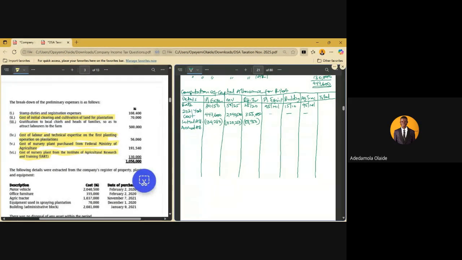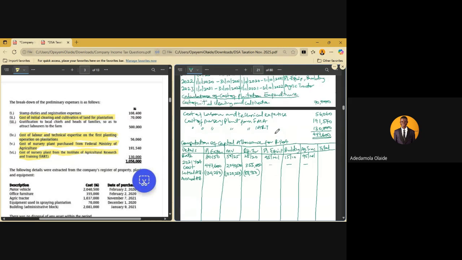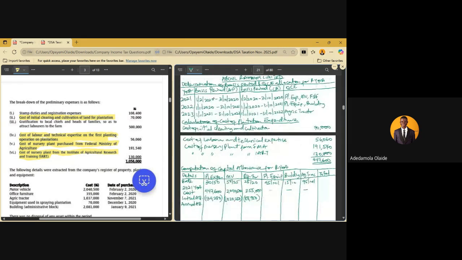So our annual allowance will be what? 447,600 minus 134,280. So 50%, that should be 2 years, divided by 2, but multiplied by the business commenced in February to October.